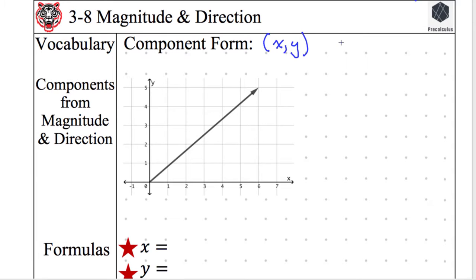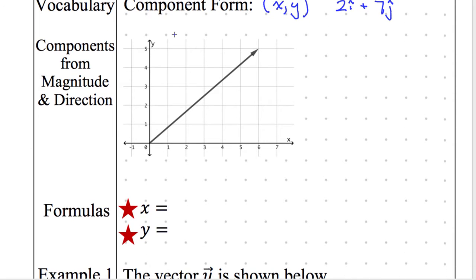It's this thing where you can have something like 2i with a cap plus 7j with a cap. That's component form, where you have an x and a y given to you, and it's just the x and the y. There's no magnitude and direction. So I want to get to this form today from magnitude and direction.